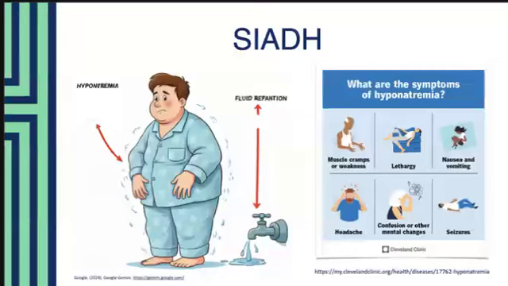Symptoms can resolve with correction of hyponatremia, but you have to do it gradually and very carefully. Now, when we are talking about treatment, correction of the underlying cause and fluid restriction is one of the main things that we look at. With severe cases, careful correction of the hyponatremia with hypertonic saline and even a fluid restriction.